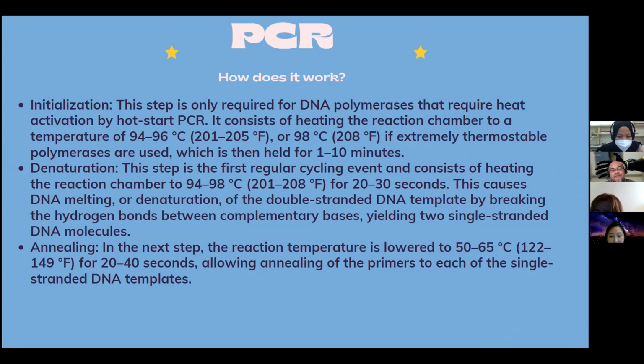Third step is annealing. In the next step, the reaction temperature is lowered to 50 until 65 Celsius for 20 until 40 seconds, allowing annealing of the primers to each of the single-strand DNA templates.